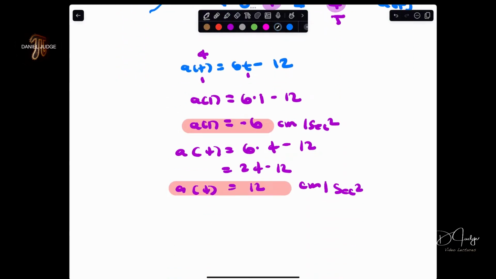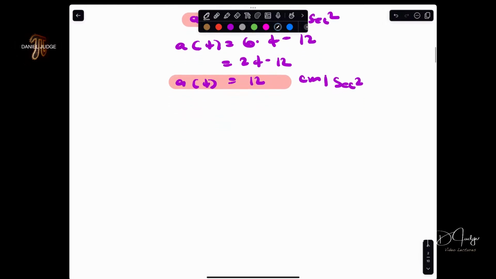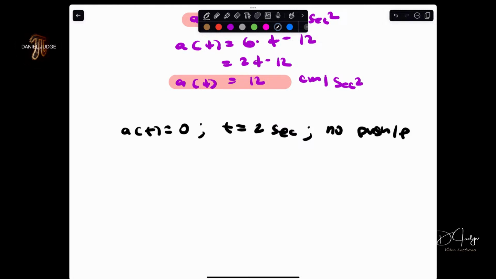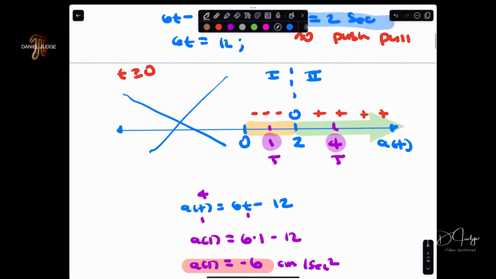Acceleration is 0. We already concluded, and we're going to write that down here. Acceleration equals 0 when t equals 2 seconds, and the particle has no push or pull. Okay. Now look at this first interval here.